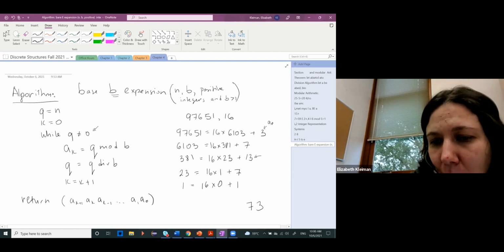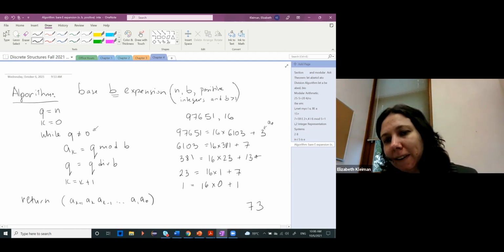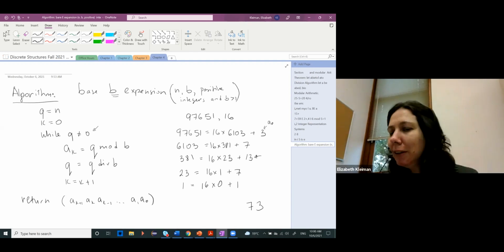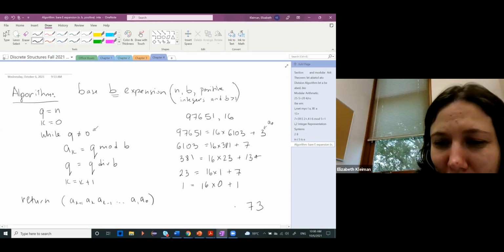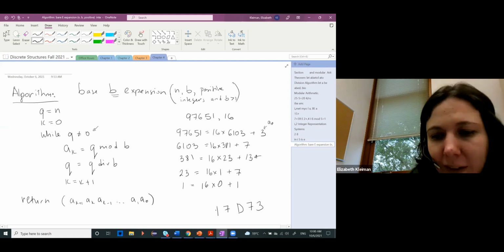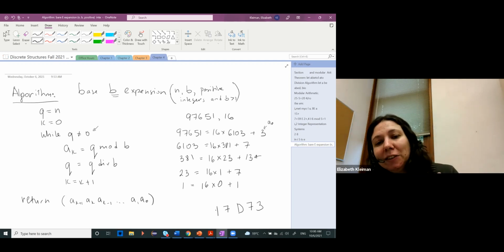Now, what can you tell me about 13? Can I put 13? Is 13 hexadecimal? No. What do I put instead of 13? Yes, 13 is D, 7, and 1. So this is the hexadecimal representation of 97,651.